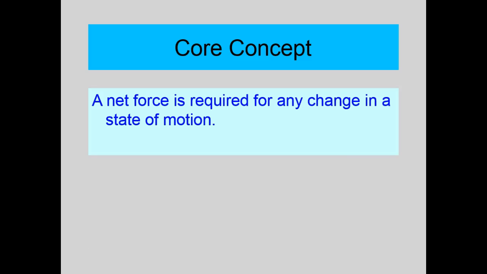So you're absolutely right. It took some sort of effort to get from one place to the other place. So a net force is required. Now, we haven't defined what a net force is. That's not one of the 4 basic, 5 or 7 basic things that we are studying. It's a combination of those. So that's required for any change in the state of motion.